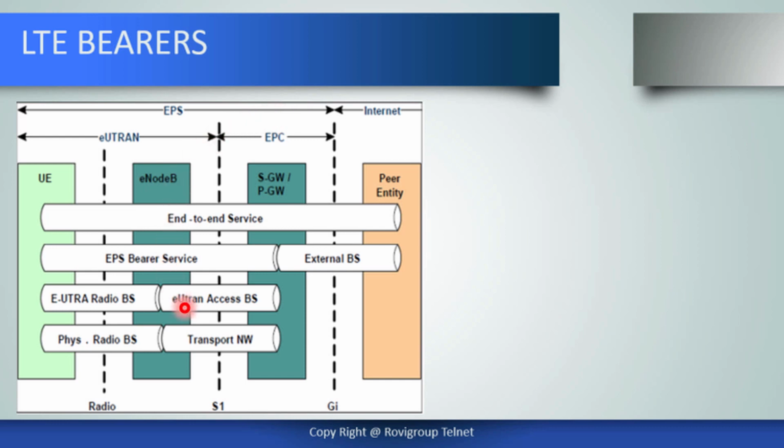User data is mapped on the radio bearer from the UE to the eNode B, and the S1 transport bearer between the eNode B and the serving gateway in the core network.